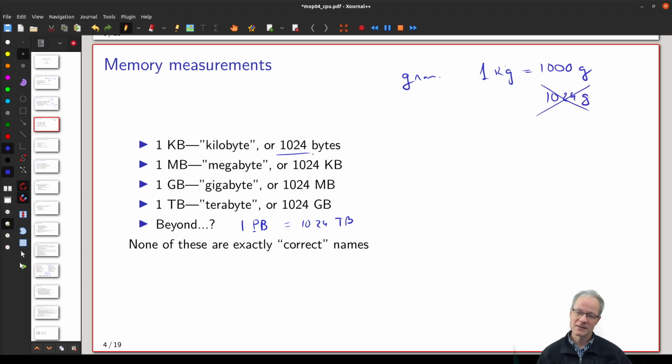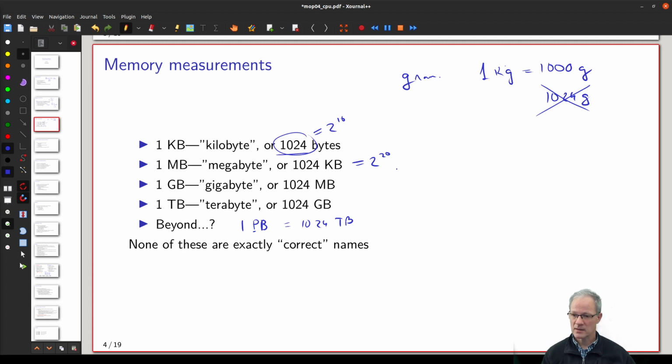However, in bytes, we kind of call them kilobytes, although we are talking about 1,024 bytes. The reason for this is because it's nicely equal to 2 to the power of 10, right? And then we can talk about that. If we're talking about a kilobyte, then we can address that using 10 bits. If we're talking about a megabyte, then we can address that using 20 bits, which is 2 to the 20, more than a million actually, right?